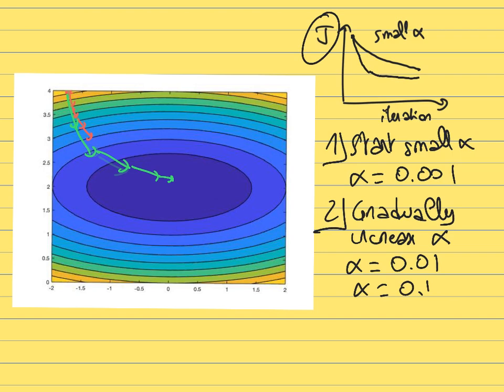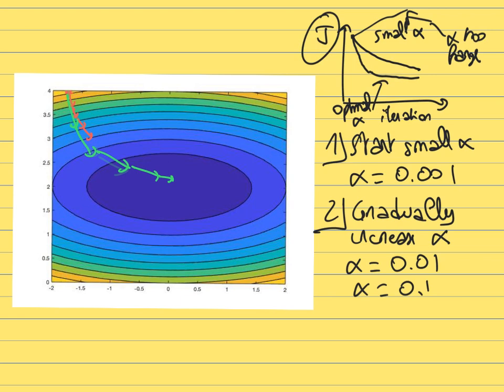This would be an optimal value of alpha, but if you find that now your cost function starts to diverge, then it means that your alpha is too large. So that gives you a way to find the best alpha.